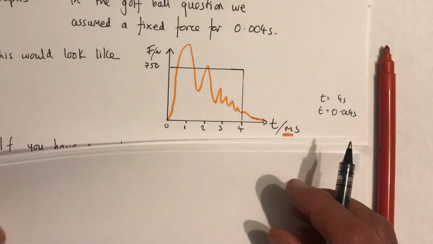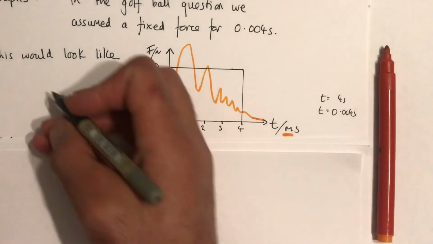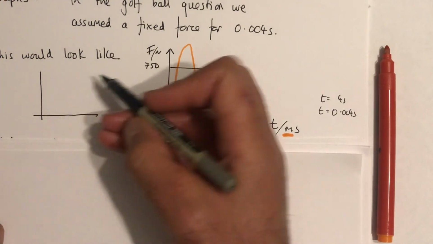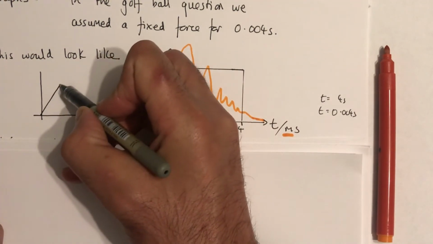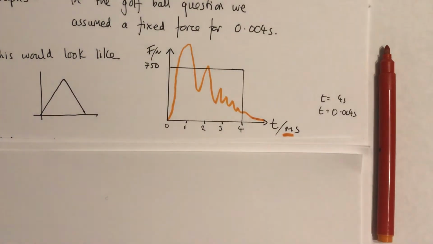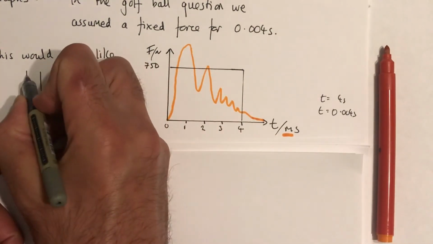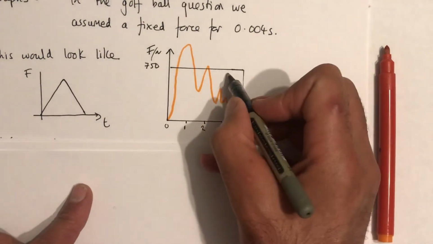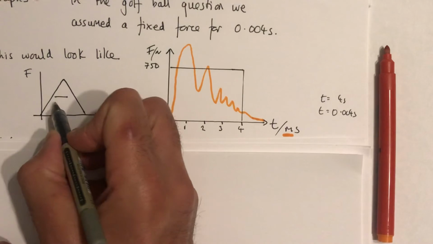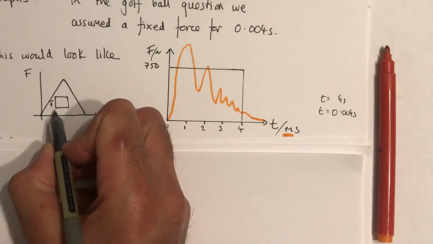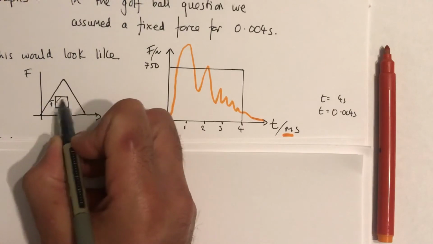The only other thing I would say about exam land is I have seen exams where you get a triangle, and it's important that you realize that the area under any one of these graphs would be calculated by multiplying some force by some time.